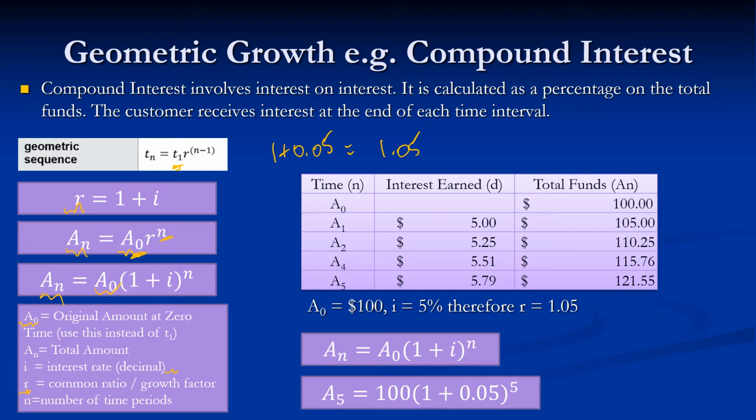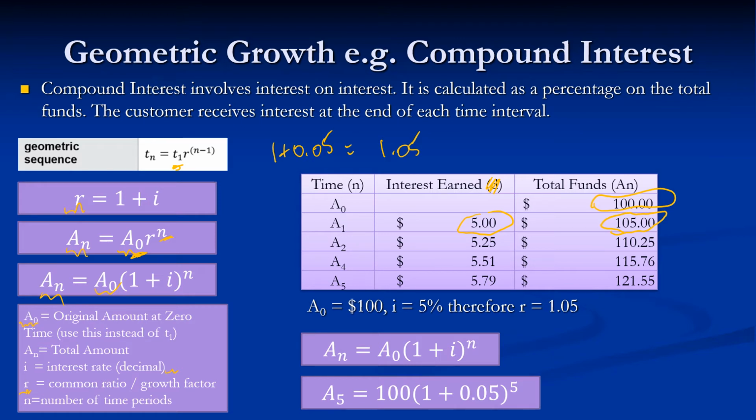And so if we have a look at compound interest in this table here, you can see term 1, the amount is $100. 5% of 100 is $5. So this interest earned is just going to be added onto the 0 term.